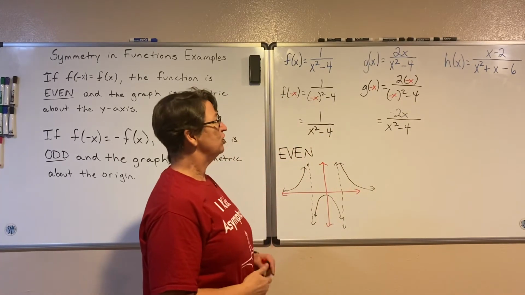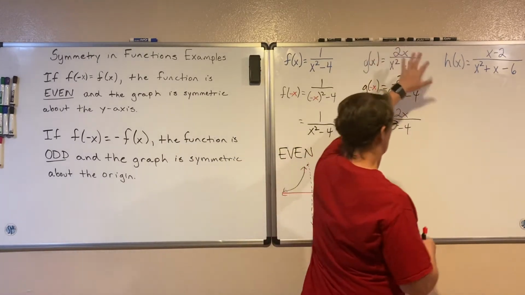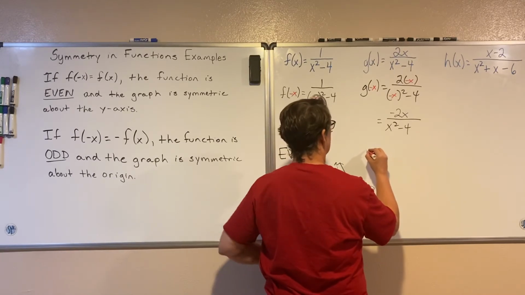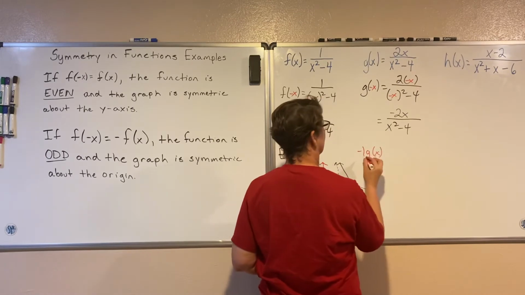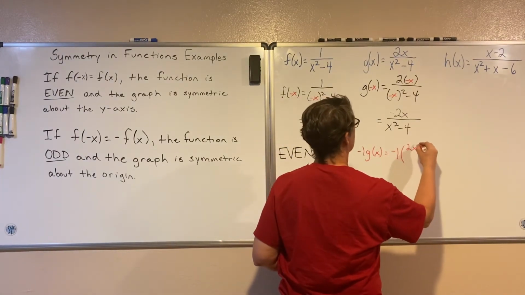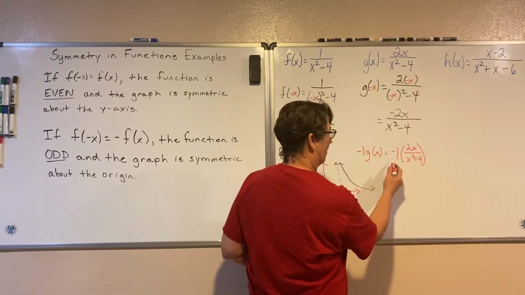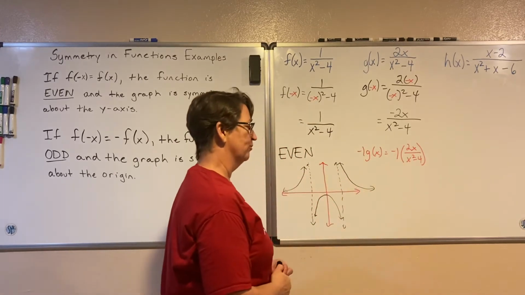Notice that if I took a negative 1 and multiplied it times that original function, let's do that. Let's take a negative 1 and multiply it times my original function. So if I'm just taking a negative 1 and multiplying it times 2x over x squared minus 4, remember when I multiply that, the top would multiply times the top and the bottom would remain the same.